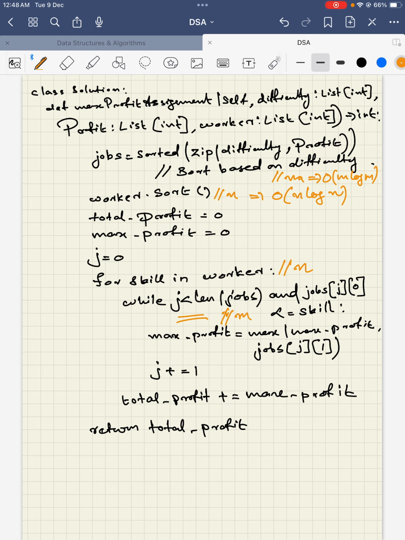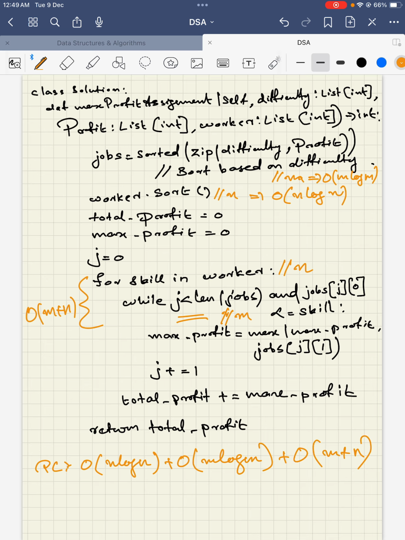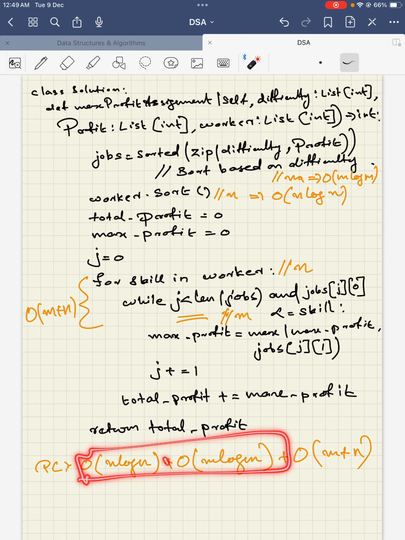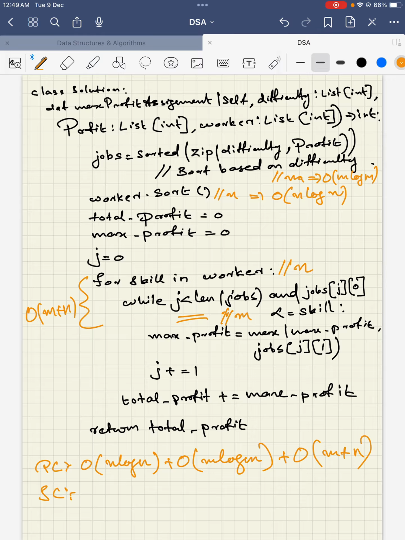So these two contribute order of m plus n. So time complexity in total is order of n log n plus order of m log m plus order of m plus n. Since initially the two sorting terms dominate, we can neglect the third part. Space complexity is order of 1 because we are not utilizing any extra list or space to solve this problem. I hope you understood the problem statement as well as the solution, and thank you for listening.